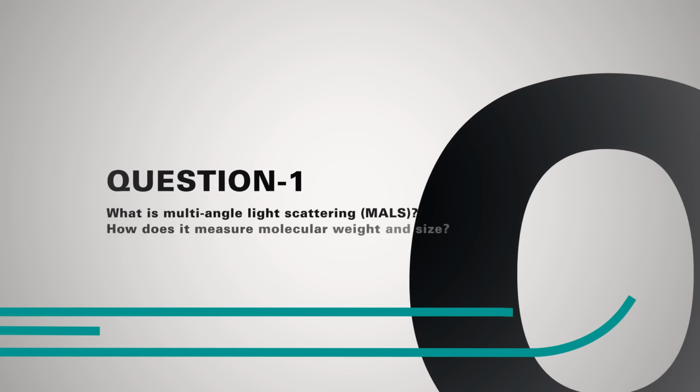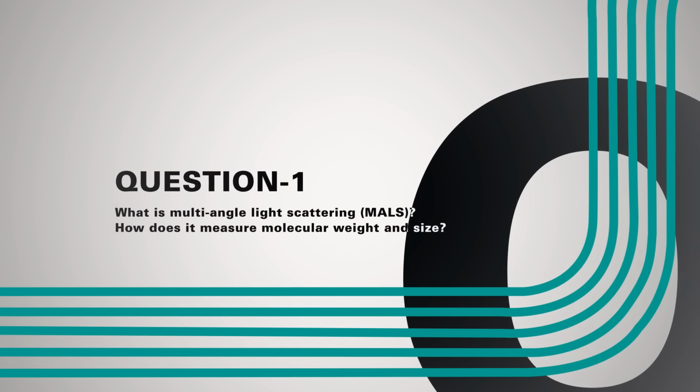Great. So go ahead and define what multi-angle light scattering detection is. Multi-angle light scattering is an analytical technique used to determine absolute molecular weight and size of macromolecules in solution.